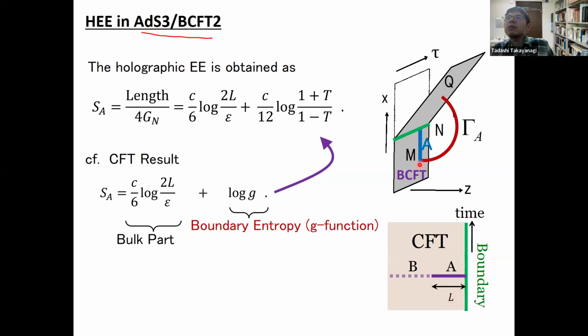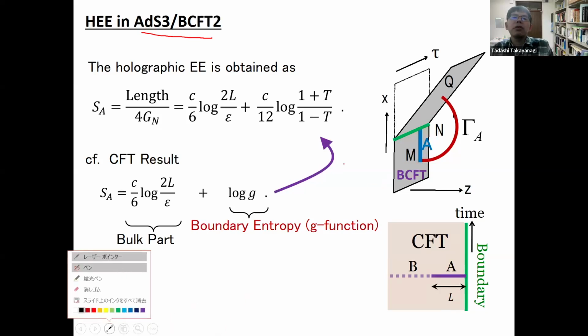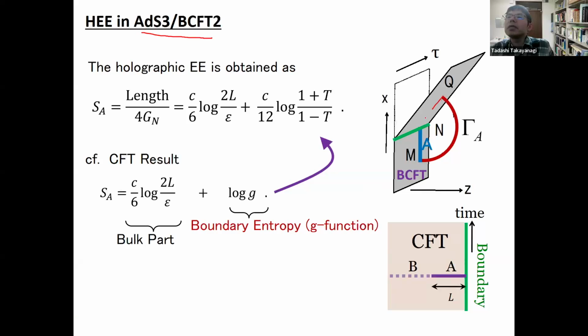And then this is subsystem A, and how we can calculate holographic entanglement, you can put some island region, B. So in this context, this is actually the B region. So we calculate this. Gamma A is this arc. So gamma A can end at the end of the world brane.